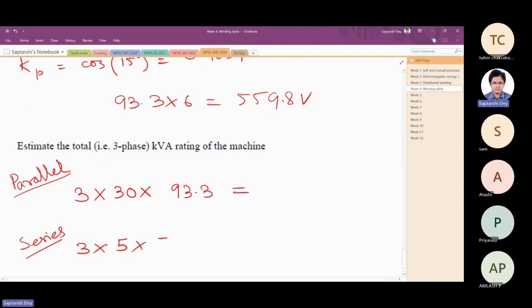So you can understand that whatever value you get, it will be the same for both. You either multiply the 6 with the current, so this 30 is just 5 into 6, or this is 93.3 into 6. The same thing you get. So 90 times 93.3.